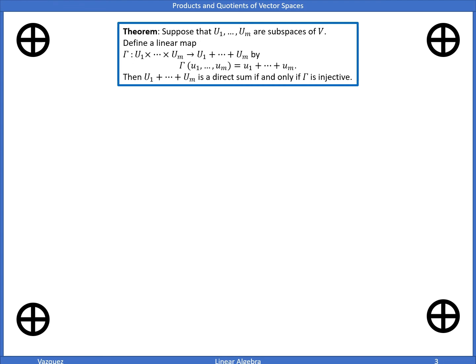So, suppose U1 to UM are subspaces of V. We're going to define a linear map that maps the product of those vector spaces to their sum, like this. It's explicitly showing us how. Then the sum of the vector spaces is a direct sum if and only if the mapping is injective.